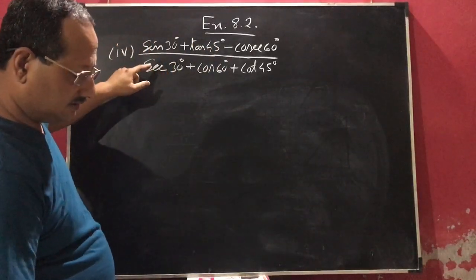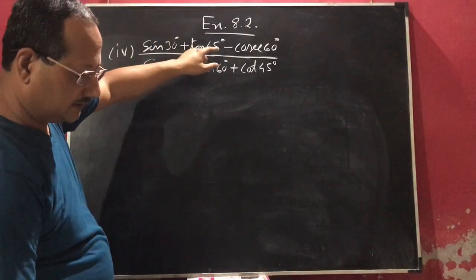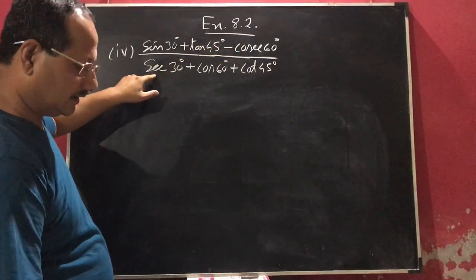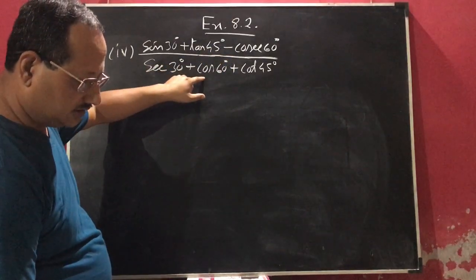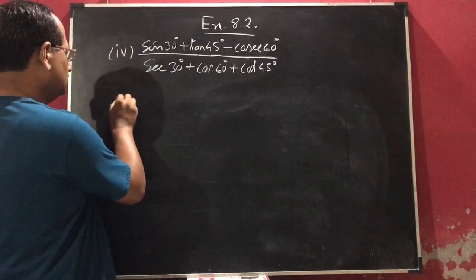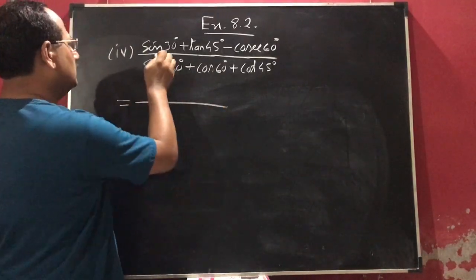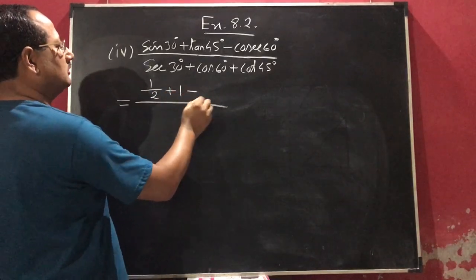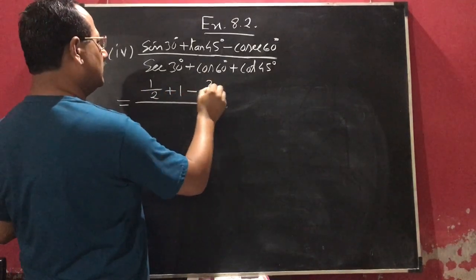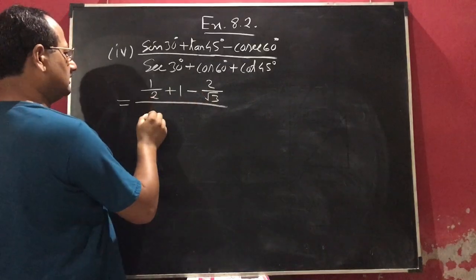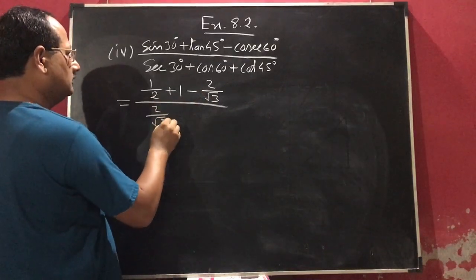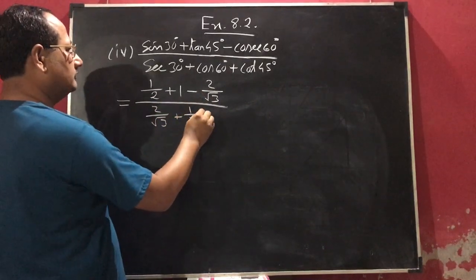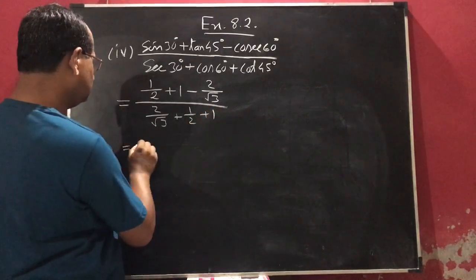Sin 30 degree plus tan 45 degree minus cosec 60 degree, sec 30 degree, cos 60 degree plus cot 45 degree. So you see, sin 30 degree is half, tan 45 is 1, cosec 60 degree is 2 by root 3, sec 30 degree is 2 by root 3, cos 60 degree is half, plus 1.